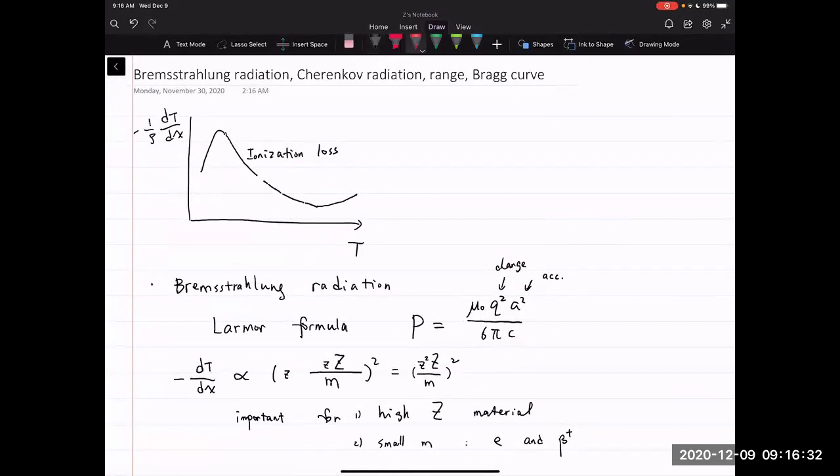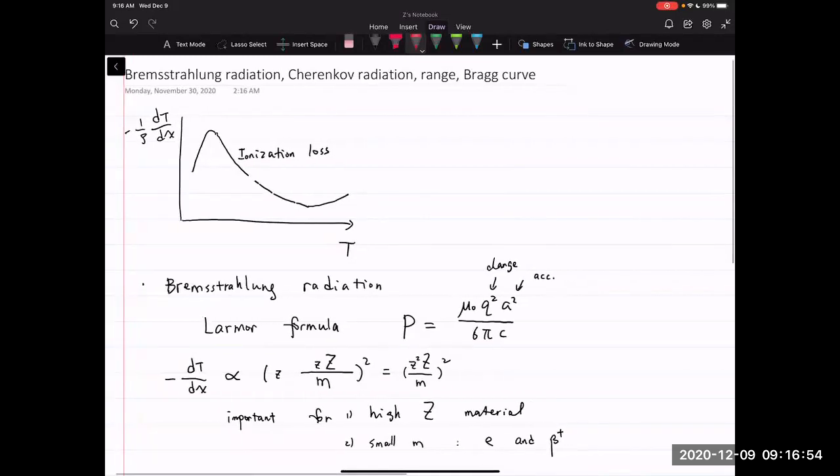At the same time, the electron can also lose energy through this Bremsstrahlung radiation process. That portion of stopping power, compared to ionization loss, we can put in the same figure in this intermediate range, and it will be something like this.